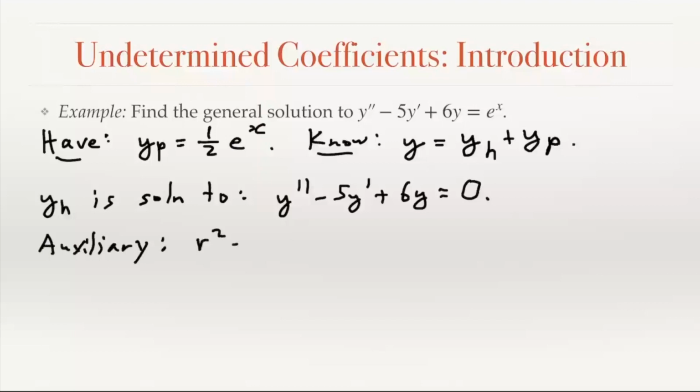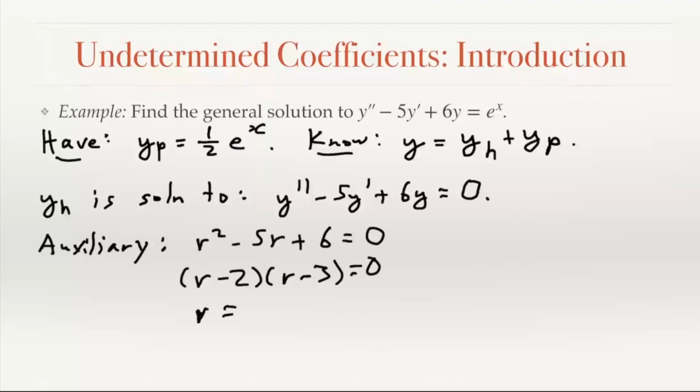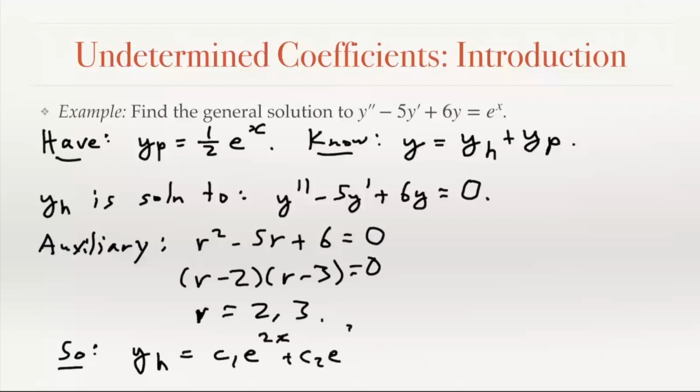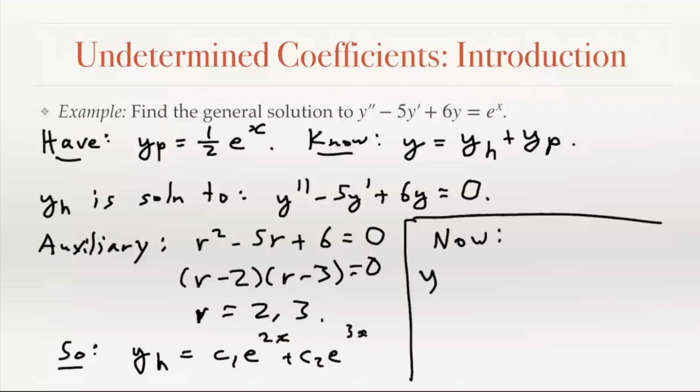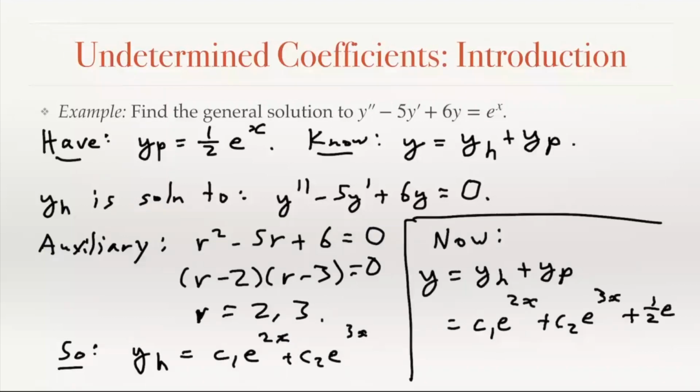We look at the auxiliary equation. r is 2 and 3. So therefore, yh is c1 e to the 2x plus c2 e to the 3x. And now our y, which is yh plus yp, is c1 e to the 2x plus c2 e to the 3x plus 1/2 e to the x.